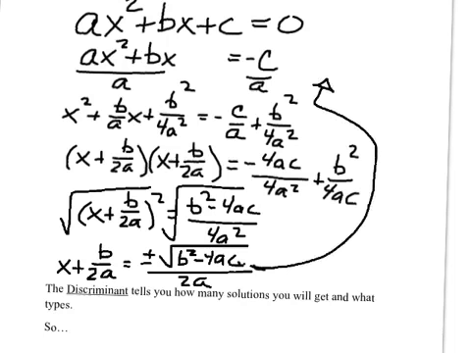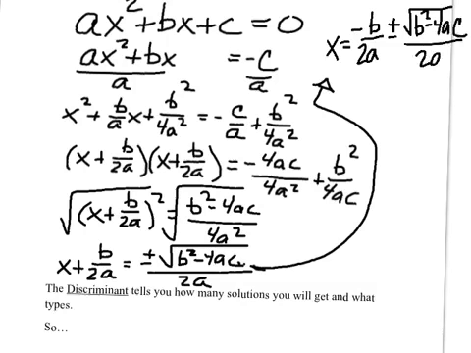If I move this b over 2a to the other side, I then am going to get x equaling negative b over 2a plus or minus square root of b squared minus 4ac all over 2a.